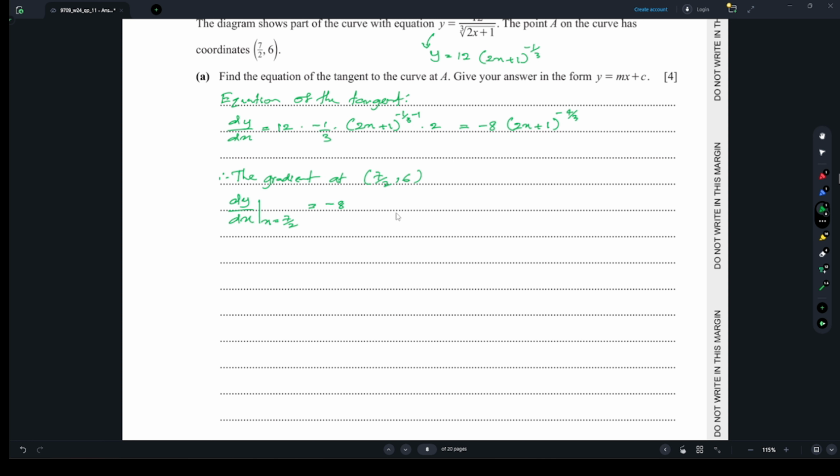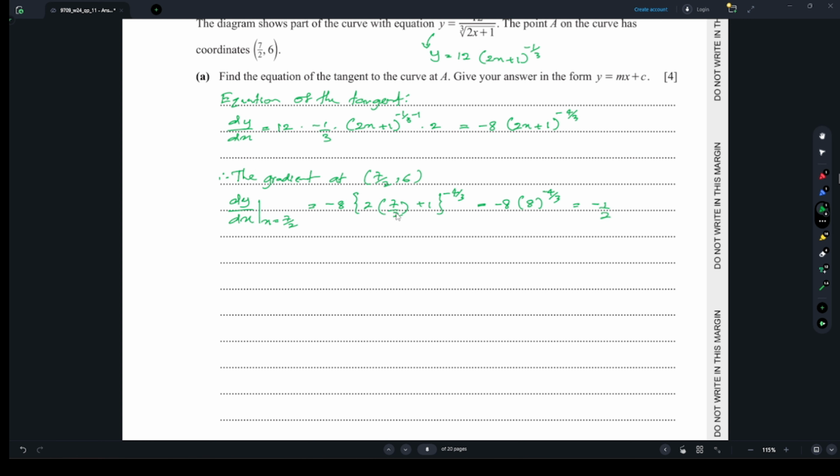We have minus 8, times 2 times 7 over 2 plus 1, to the power minus 4 over 3. You can use the calculator, or you can just try to do so: 7 plus 1 is 8, 8 to the power minus 4 over 3. If you simplify this, you will receive the answer minus half.